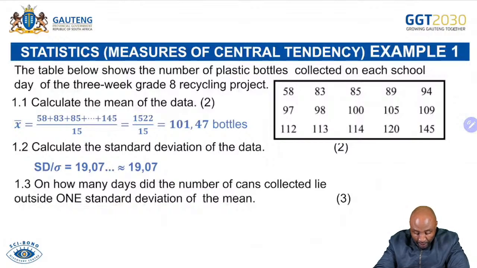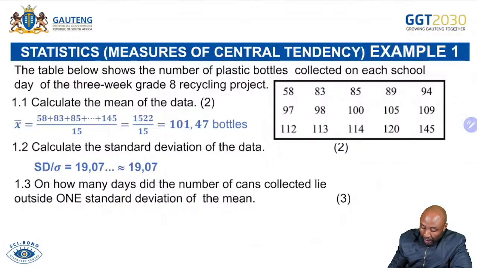1.3 says, on how many days did the number of bottles collected lie outside 1 standard deviation of the mean? Remember, the one we wrote earlier said within, this one says outside. So we must get our interval first, and then identify those data items that are outside 1 standard deviation of the mean.